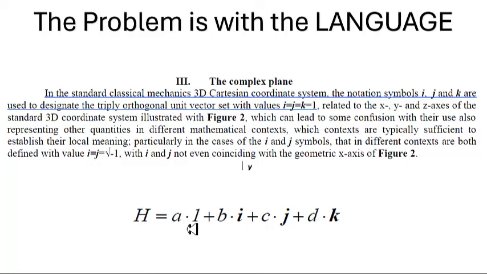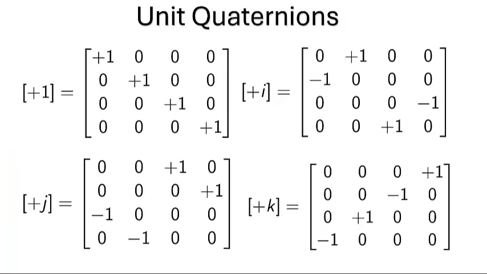So you've got a times 1 plus b times i plus c times j plus d times k. So we need to know what 1, i, j, and k are. I put the positive signs in here because there is a concept of a -1, -i, -j, and -k.